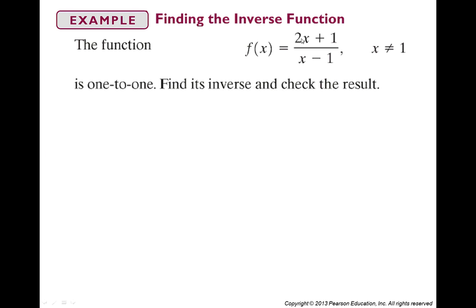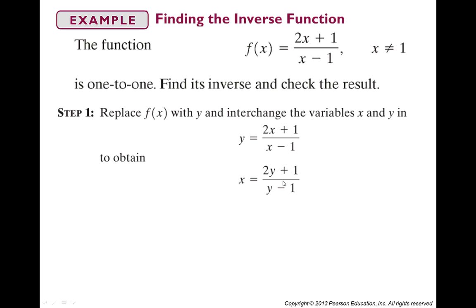All right, a little bit harder. We've got a numerator and a denominator. So we replace f of x with y, and then we switch the x and the y and try to solve for y. So I multiply both sides by y minus 1. Then I distribute the x.